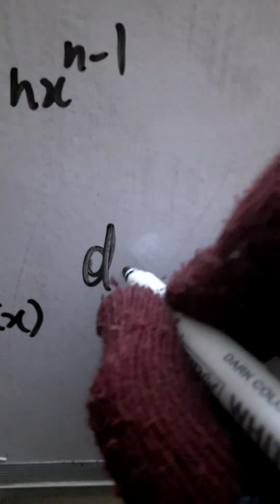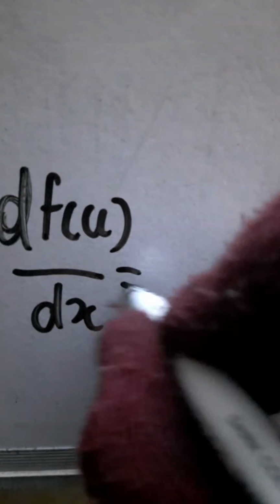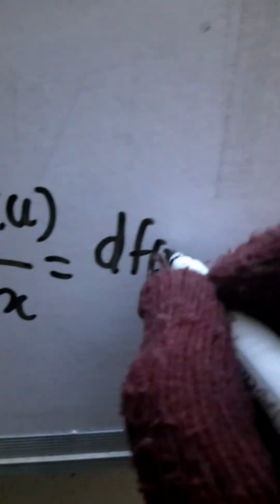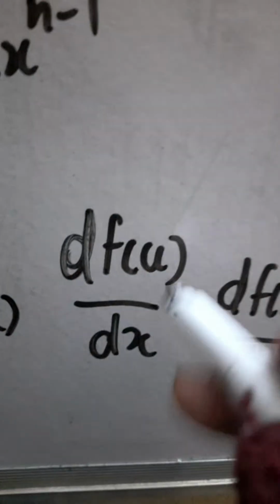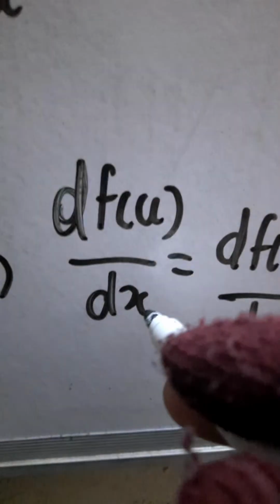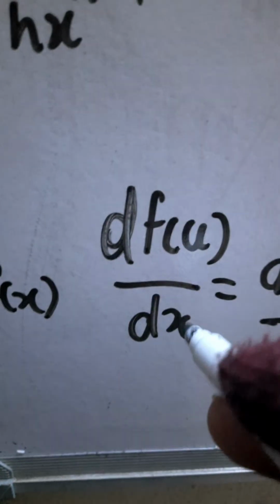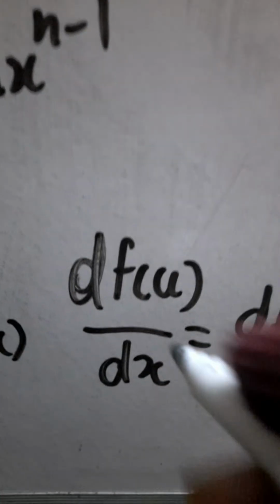Okay, so when u is equal to f of x, then d f of u by dx is equal to df of u by dx. Then this should be dx because this should be f of x, right? Because this is the derivative with respect to x. But since u is a function of x, we can still differentiate it, okay? f of x is inside, so we have to extract that f of x.